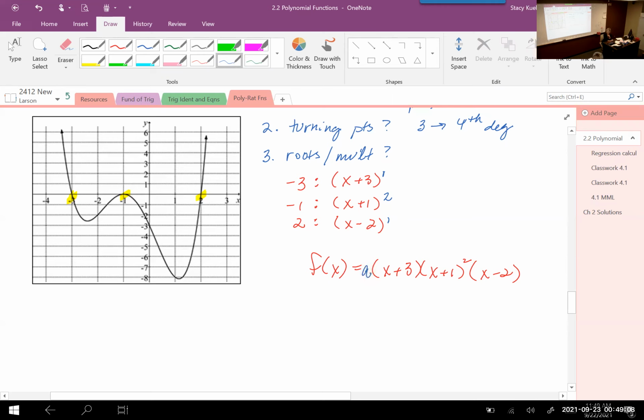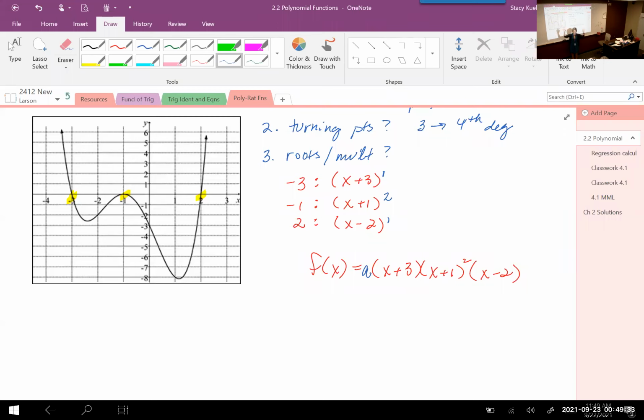That leading coefficient actually tells me how compressed or how flattened out my function is, right? I can have all sorts of fourth degree polynomials that cross and do this behavior right here at the x-axis, but I don't know how much it's doing that, do I?